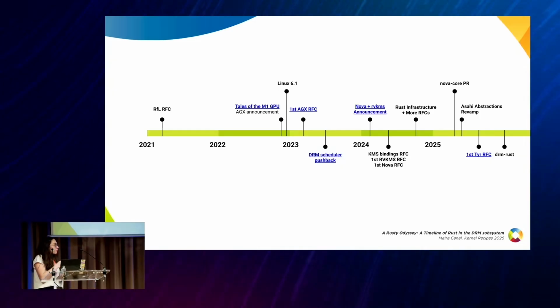First, the first RFC, which happened in the beginning of 2021, and almost 2 years later, the initial Rust support being released in Linux 6.1. This first version only had very minimal Rust support, enabling some experimentation and such, but it was not a driver or something very complete.